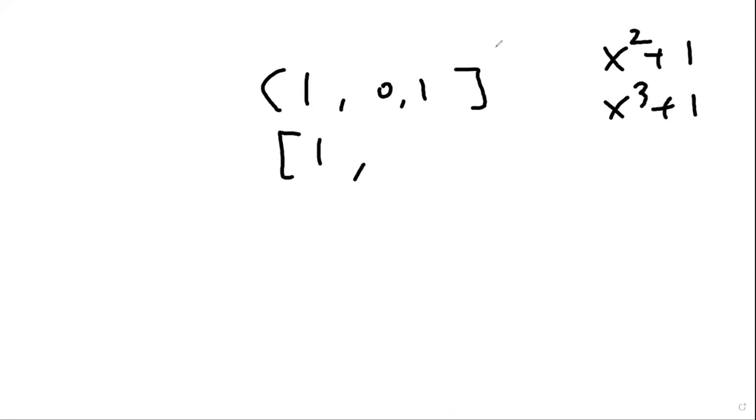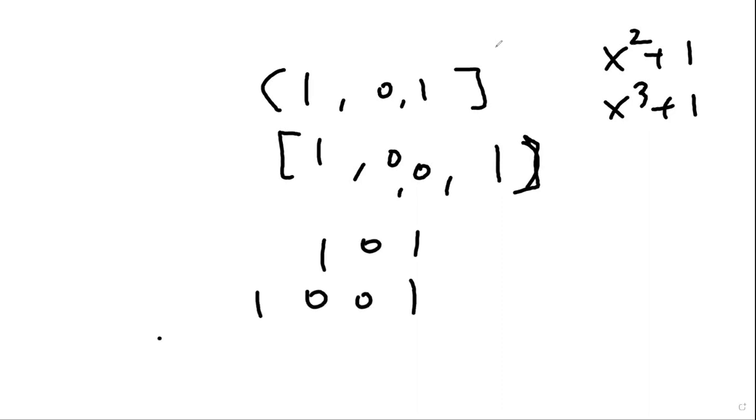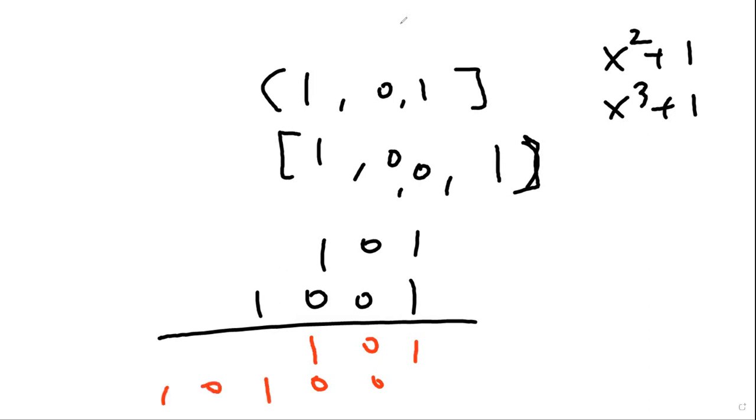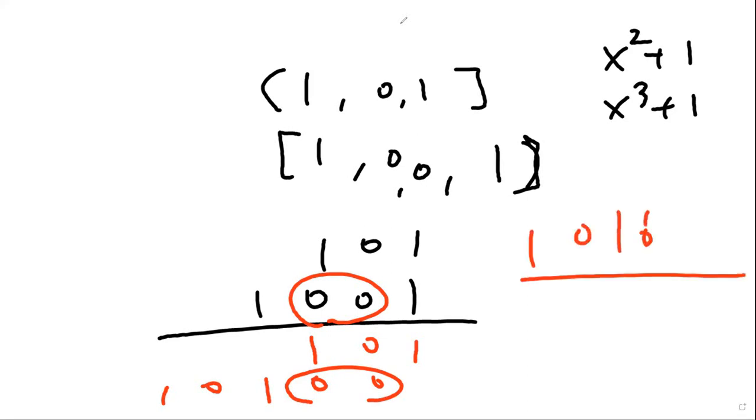You should have 1, 0, 1, for example, s squared plus 1, times s cubed plus 1, which is 1, 0, 0, 1. It's just long multiplication. So you have 1, 0, 1 and 1, 0, 0, 1. You do long multiplication, so you get 1, 0, 1, 0, 0, and then 1, 0, 1. This 0, 0 is caused by this. And the sum would be 1, 0, 1, 1, 0, 1.